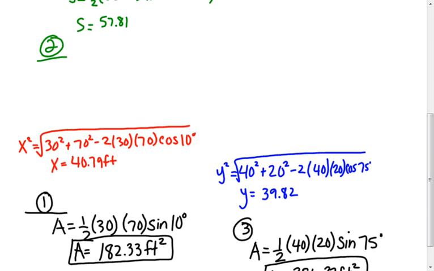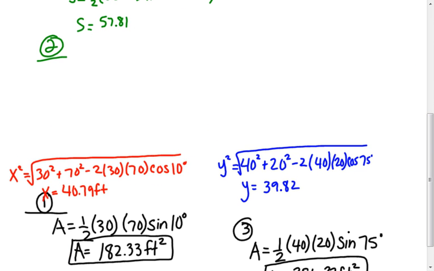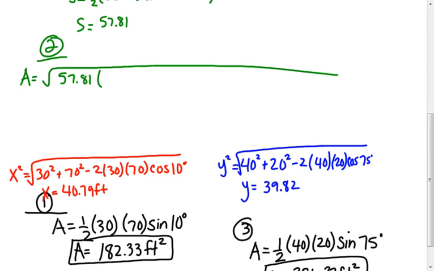So I will do the square root, and this is going to be kind of icky numbers, but that's okay, we can do it, of S, which is 57.81, times S minus A, which is 35, times S minus B, times S minus C.